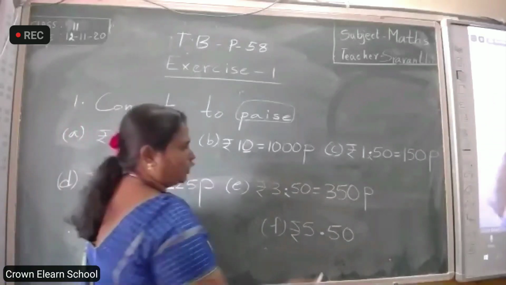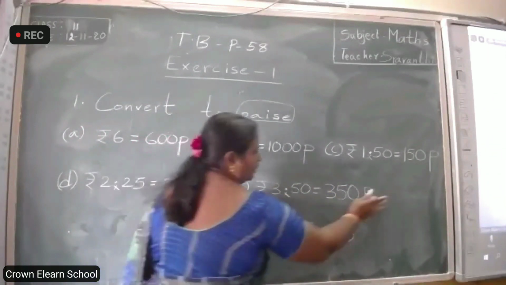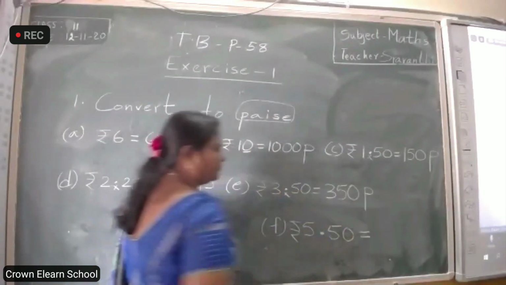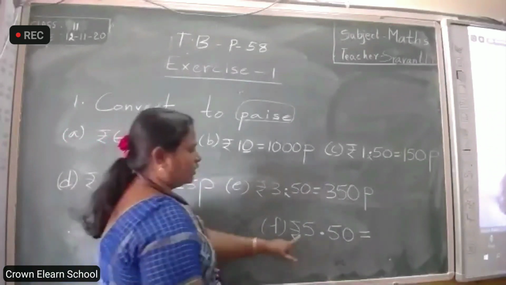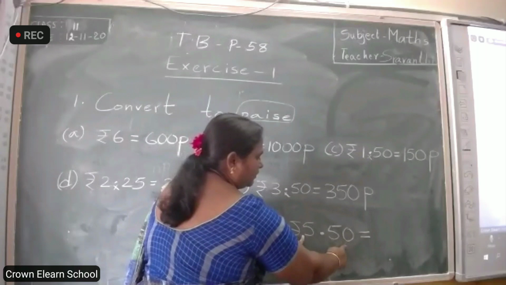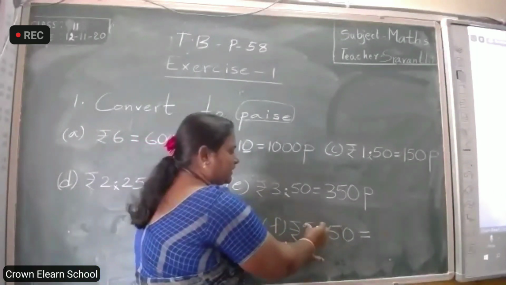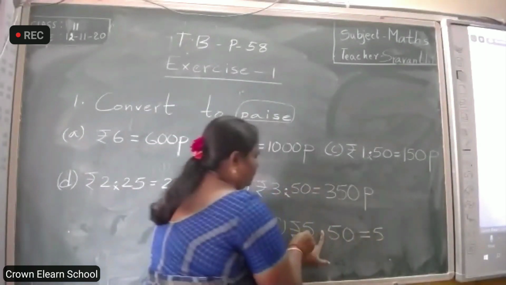Okay. I don't have place, so I have written here. F. You have there only in the textbook. So let us write answer. What do we do? Rupees and paise both are there. Then remove the dot. Join the numbers. Okay. Number of rupees 5.